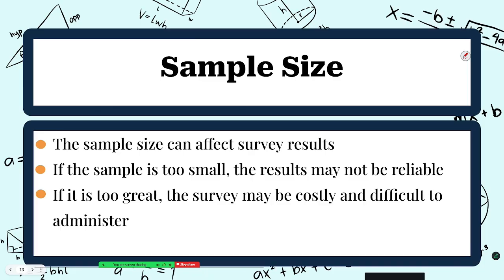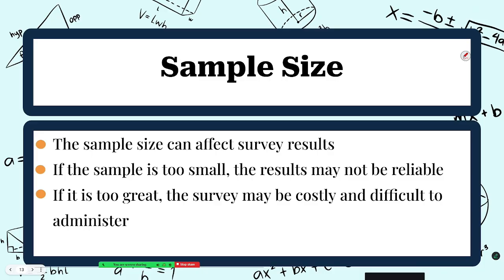When we are looking at sampling a population for information, it's important to note that the sample size can affect survey results. If the sample is too small, the results may not be reliable. And that's just like all the scatter plots that we've been looking at. If we sample a small size, we're only going to get a small amount of information. That's not enough data points to plot and have a strong correlation.